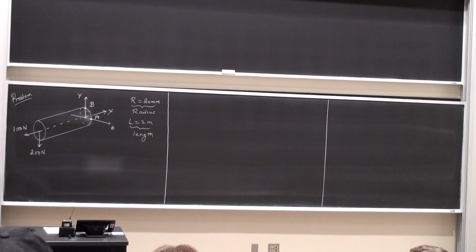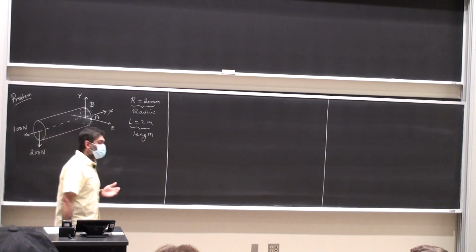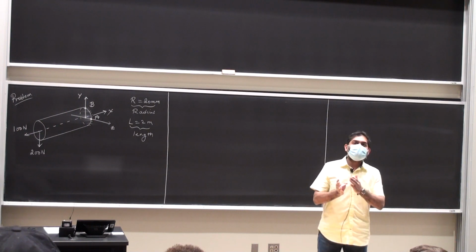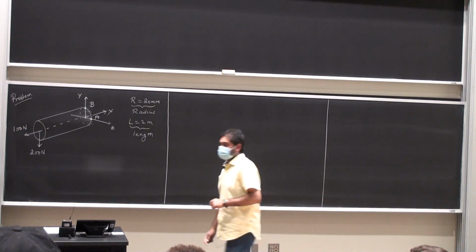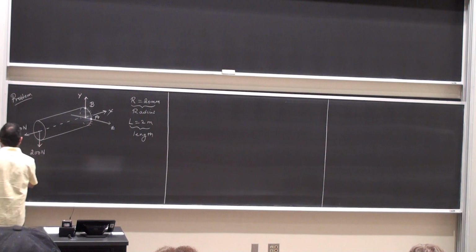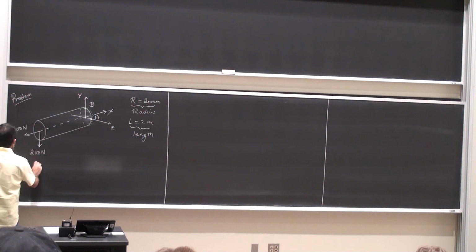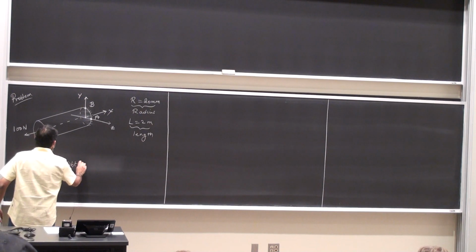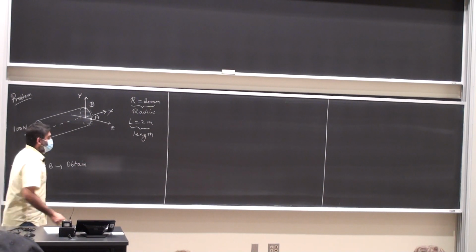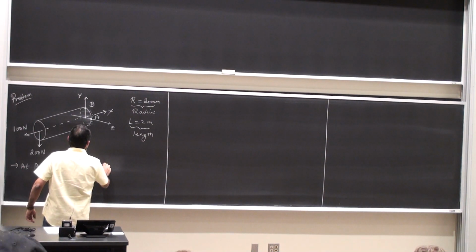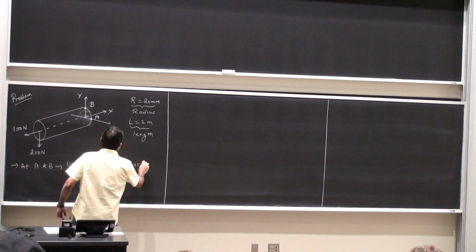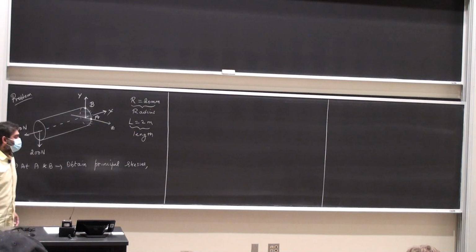At points A and B, we need to obtain the principal stress values, the maximum in-plane shear stress values, and then draw the orientation of the area elements. Okay, so at A and B: principal stress. Maximum inclined shear stress.